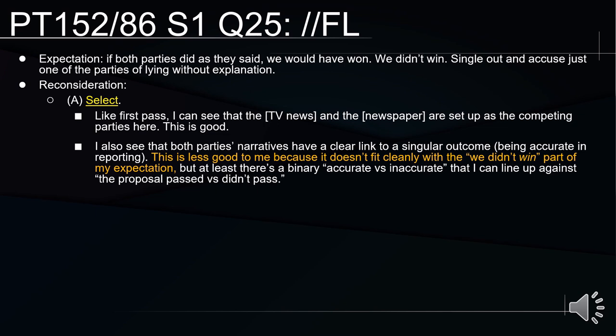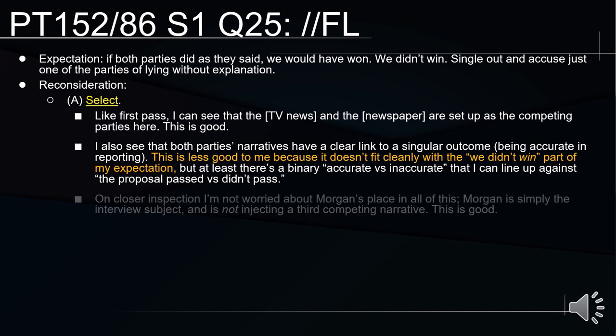But at the very least, I saw that there was a binary here. In answer choice A, the binary outcome is accurate versus inaccurate reporting, and I can line that up against the proposal passed versus didn't pass of the original argument. So this is forgivable. It's not quite as rock solid as the two parties thing, but it's workable for me.